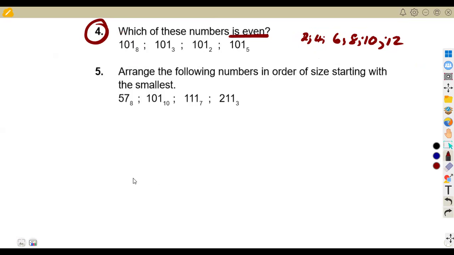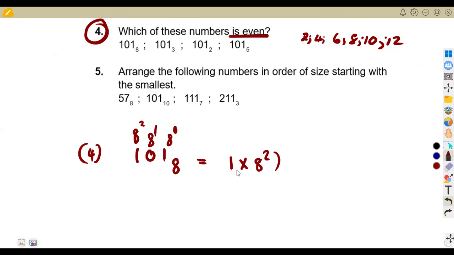All right, let's convert. The number 4 is 101 in base 8, with 8 to the power of 0, 8 to the power of 1, 8 to the power of 2. So this is going to be 1 times 8 to the power of 2, plus 0 times 8 to the power of 1, plus 1 times 8 to the power of 0. 8 to the power of 2 is 64, 8 times 8.